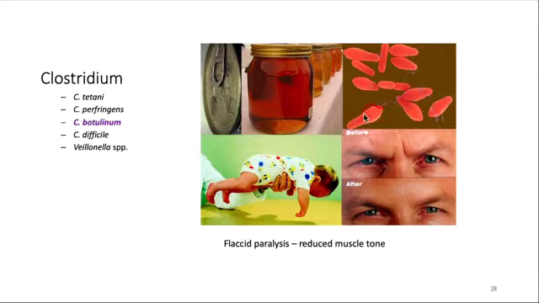So these have spores. These do not have spores. Very similar to the other two members that we looked at. The difference is that this is a common bacterium found in the soil and in water bodies. Generally, if you ingest the spores, it doesn't really do much harm to you.